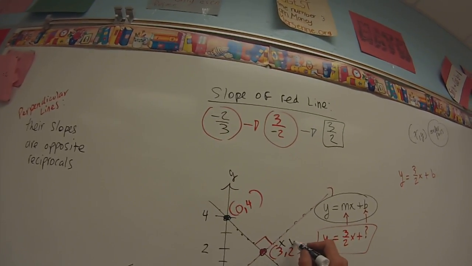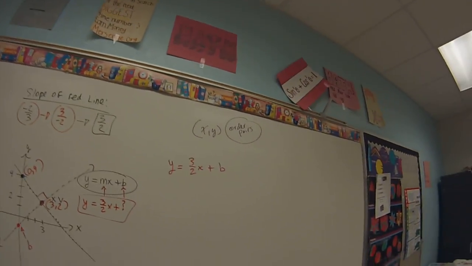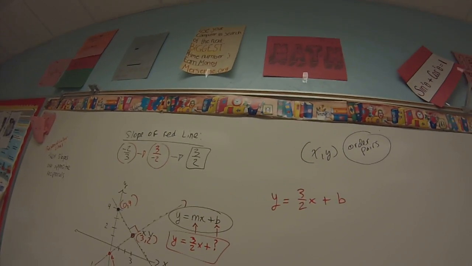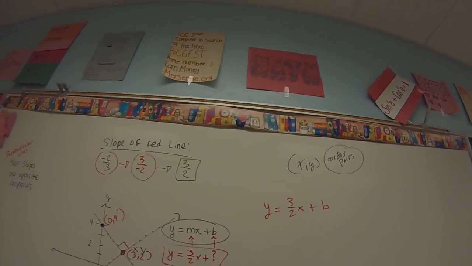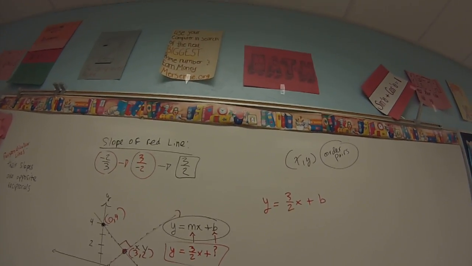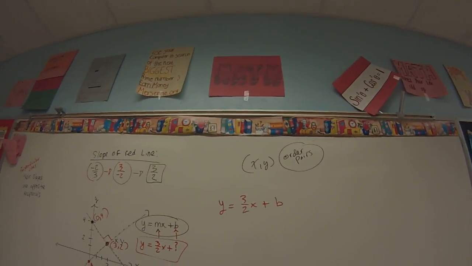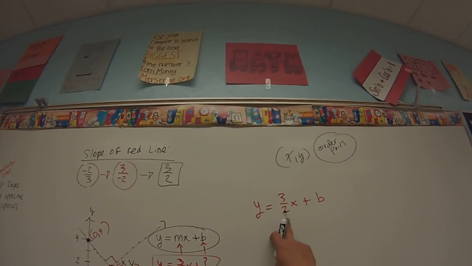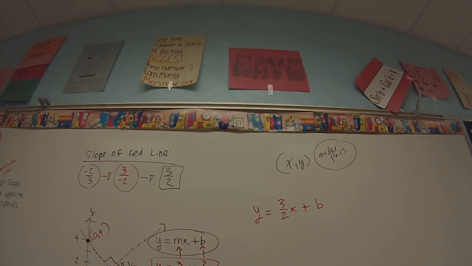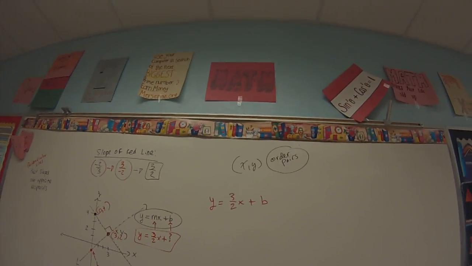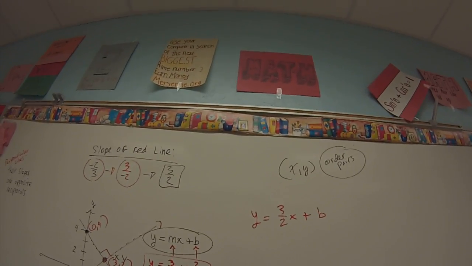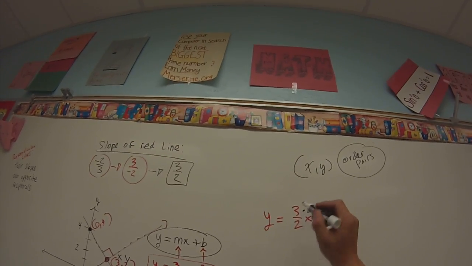X is 3, y is 2. And I'm going to substitute those numbers into the equation, and from that we can figure out what little b is. Notice that I have a denominator, which will make things a little bit difficult for me. But the easiest way to get rid of denominators when you have equations is by multiplying them out. So every term will get multiplied by the denominator, which is 2.